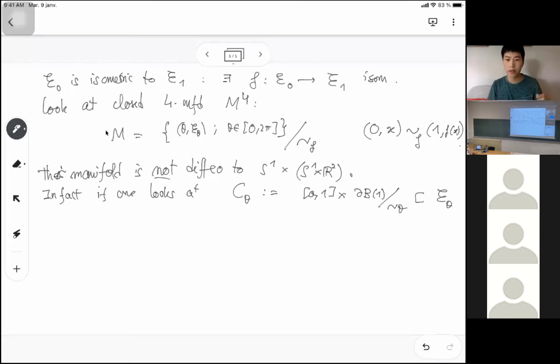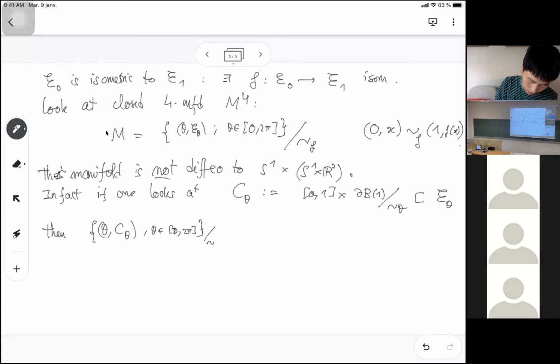So you are in E theta, and basically you take the boundary of a tubular neighborhood of the central S1 fiber. That gives you a cylinder. Okay, if you look at this cylinder, then you look at the collection now of those cylinders, such that the quotient is by the equivalence relation. So that's a submanifold of your 4-dimensional manifold.